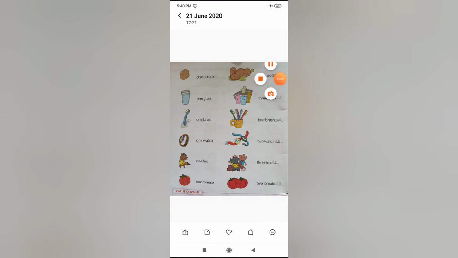Similarly, the word tomato becomes tomatoes. So, these words have O, SS, SH, CH, X at the end of them, and so we have to add ES to make them plural.